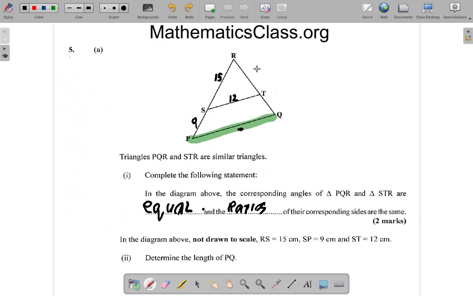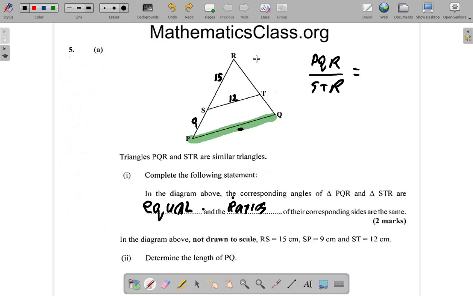Now, here, the ratios of their corresponding sides. First of all, let me say, the big triangle, PQR, the length of PQR over the length of STR will be the same. Now, PQ, therefore, you have P to R, all of this length from P to R, you see that?